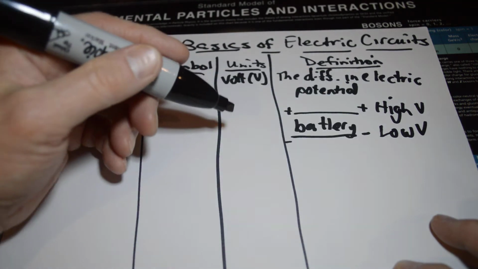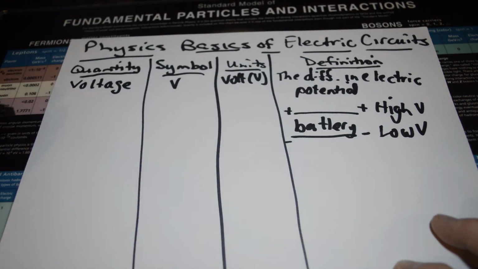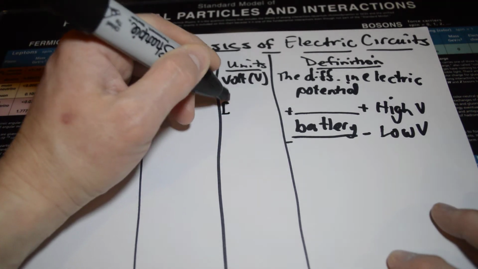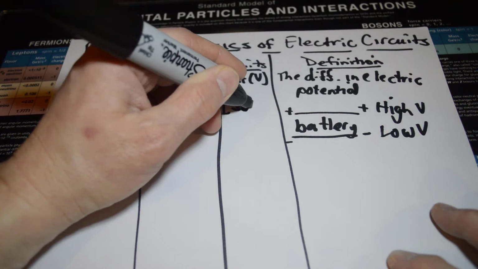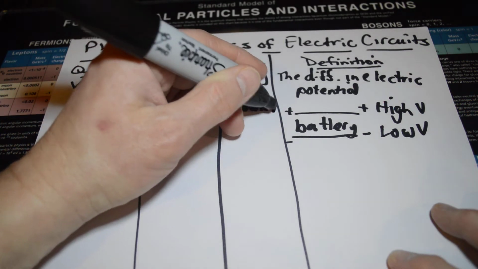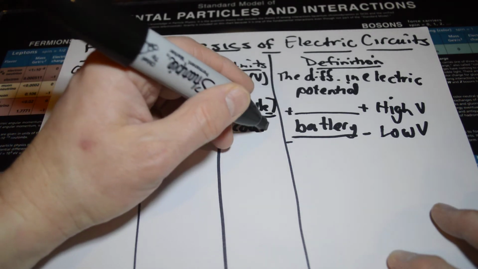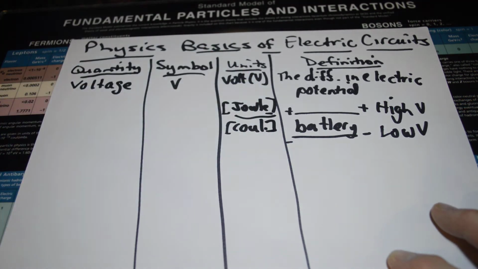And from that, you could have electrons flow, or what we call current, which is the next thing. We're going to find out in a little bit an equation for this, but a joule of energy per coulomb of charge is a volt.